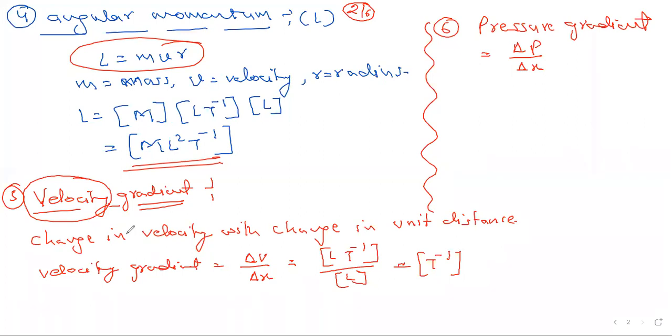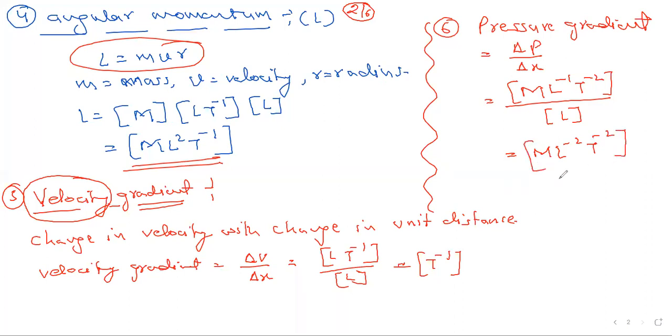Sir, M L minus 2, T minus 2. Pressure is M L minus 1 T minus 2, and this is pressure and distance is L. So this is M L minus 2 T minus 2. So this is velocity gradient. Clear? Like this you may get some other terms.